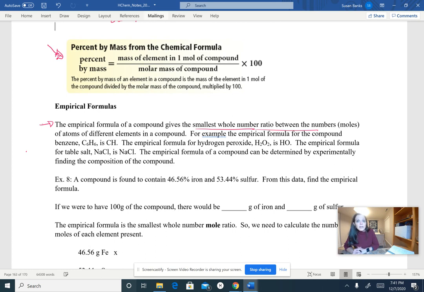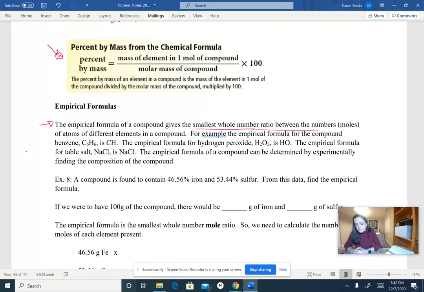So hopefully by now you've realized that the subscripts that we've been putting in can either designate number of moles in a mole of a compound of each of the constituent elements, or if we're talking about atoms, it can designate the number of atoms of a particular element in the compound.